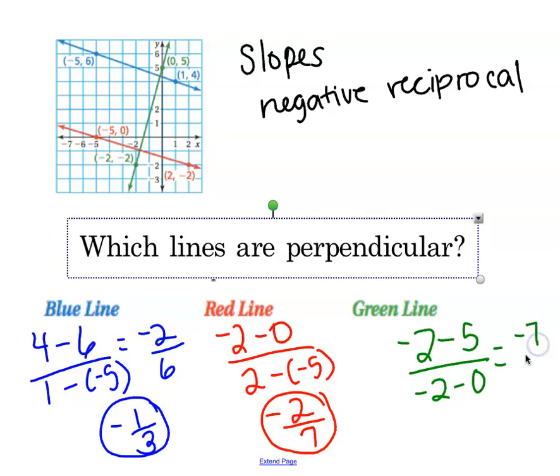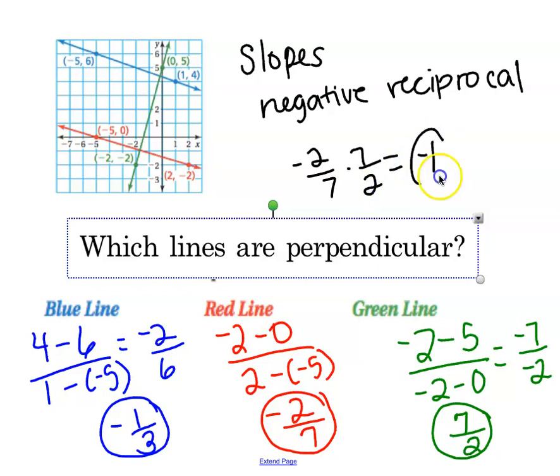So I get -7 over -2, which becomes 7 over 2. Now, if you look at this, when you multiply the two slopes together, it should be -1. That's what they mean by negative reciprocal. So which two slopes should multiply to -1? And if you see -2/7 times 7 over 2, that is -1. The green and the red line are perpendicular. Their slopes are the negative reciprocal.